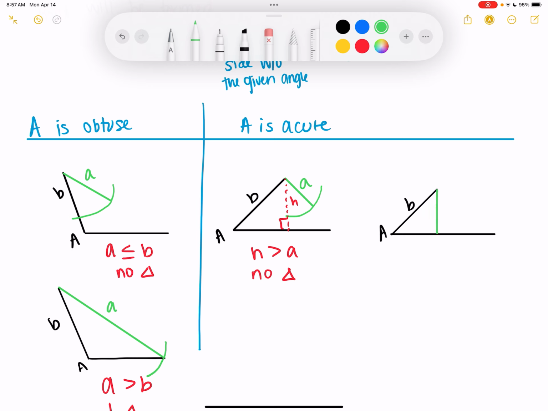Now, it's looking like it's a right triangle. That may or may not be the case. Actually, in this case, it has to end up being one. We would not have known it was a right triangle to begin with, but it basically ends up having to be one. Then, this is A. But this value here is also, just like in the previous one, H.